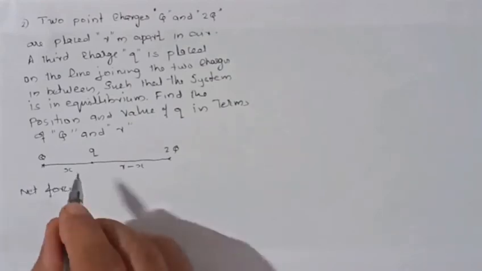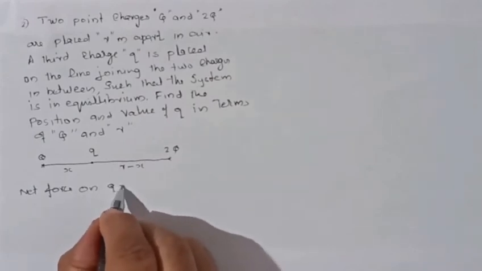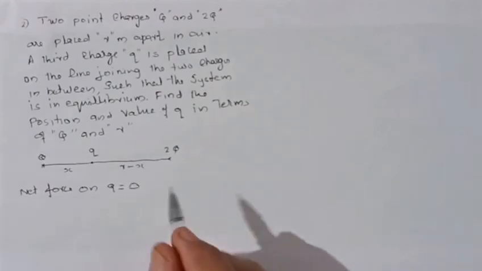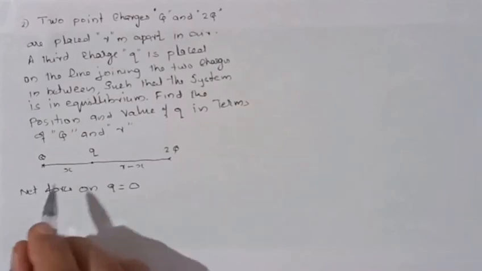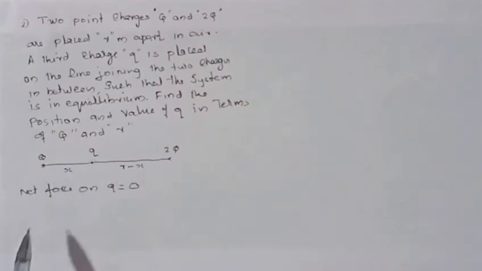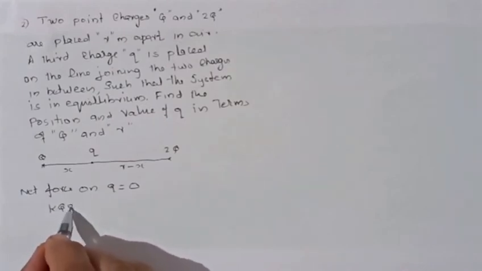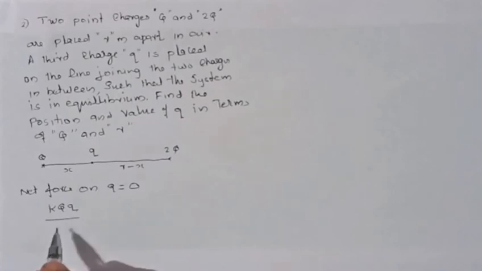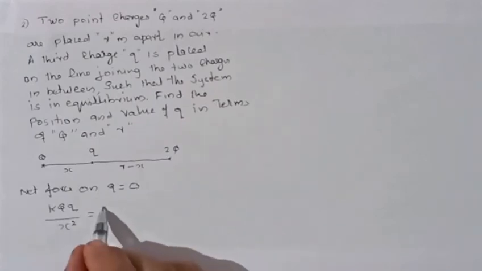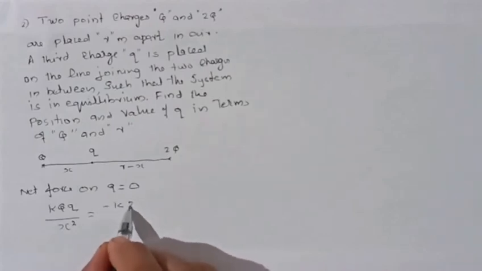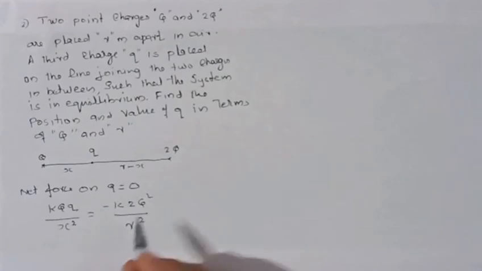So the net force on capital Q is equal to 0. There are two forces, force due to the small q and force due to 2Q. So we can write k q upon x square is equal to minus k 2q square upon r square.